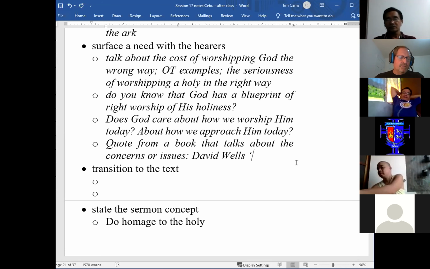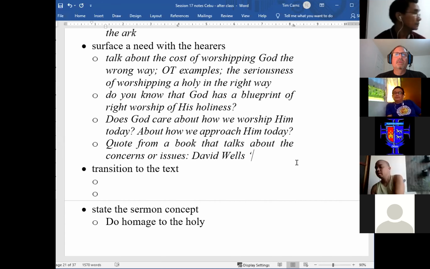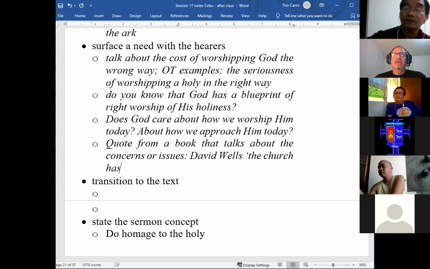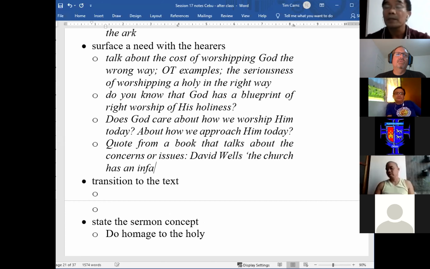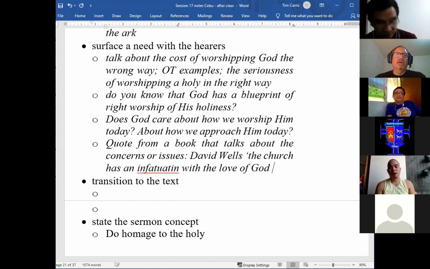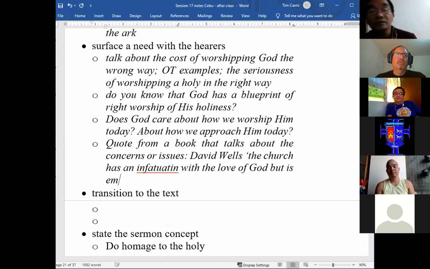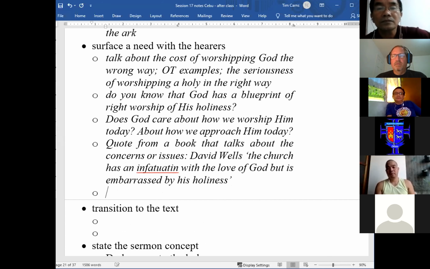And so David Wells in his book, he said something like, the church has an infatuation with the love of God, but is embarrassed by his holiness. Something like that.